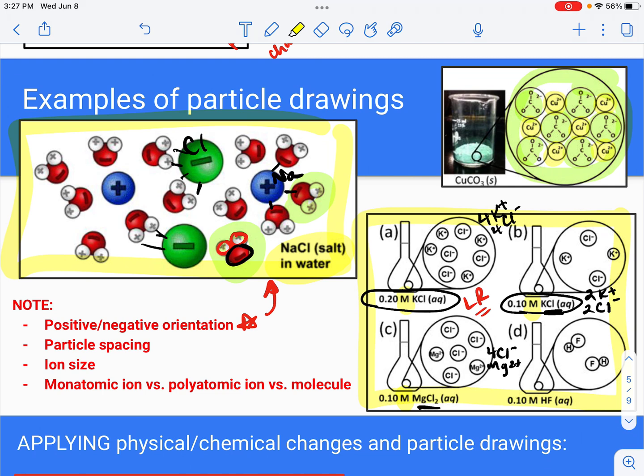You also want to notice that if we have a solution of a molecular substance like hydrofluoric acid, this is a weak acid, so you'll discover more about that as you're working in your summer assignment. But this is a weak acid which does not dissolve into ions, rather it dissolves into molecules. So if I had liquid HF, it would be F and H and F and H and F and H, etc. And they would be not super organized and kind of together a little bit so that you can see how this works.